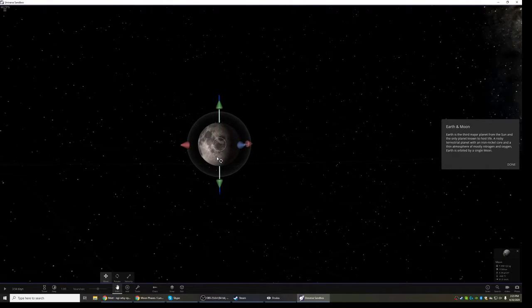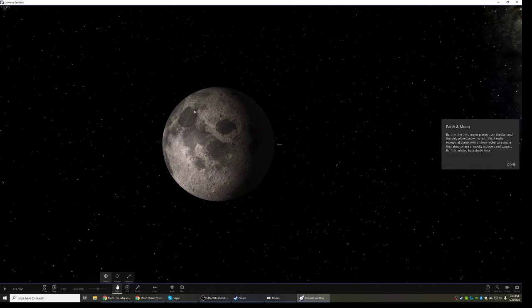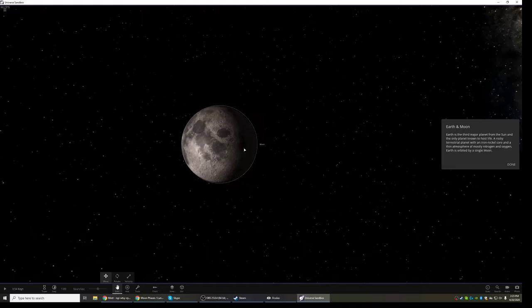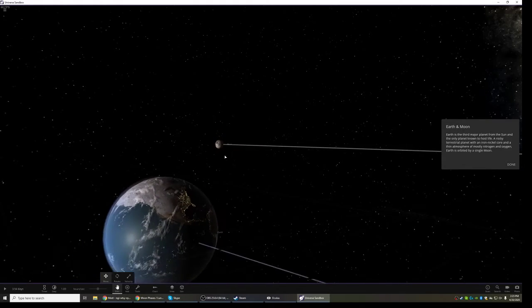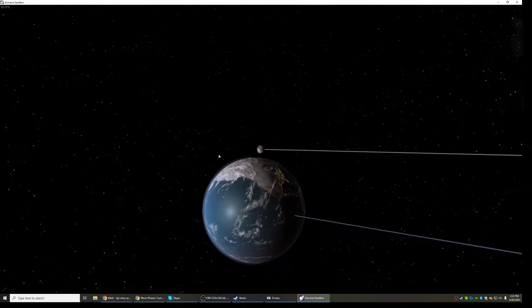So if I zoom in closer here, 3/4 of the moon from our perspective is still visible. So that's a gibbous. But because the light is disappearing, that's waning. So it's a waning gibbous as opposed to a waxing gibbous.